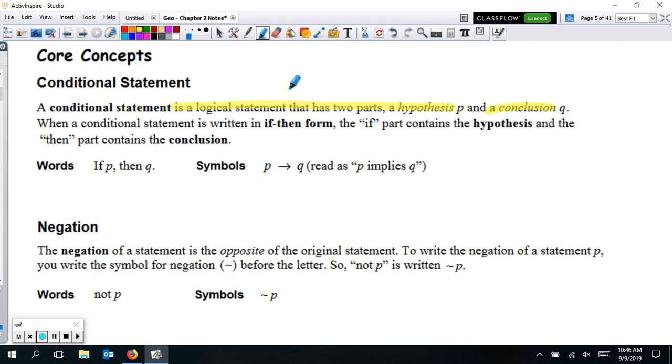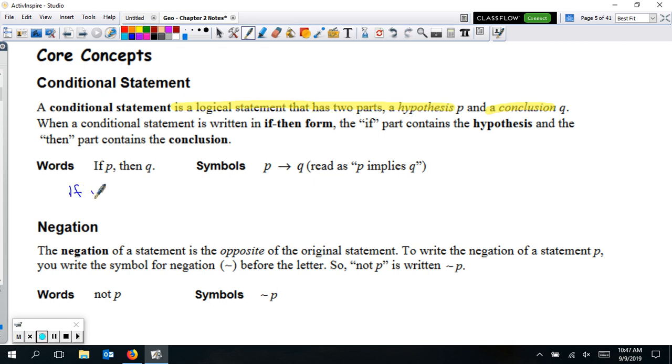So right underneath this, let's go ahead and write conditional statements always in if-then form. If this, then this. If the hypothesis, that's the if part, then the conclusion. The conclusion is the then part. Let's write that one down here. We're going to use that one throughout.